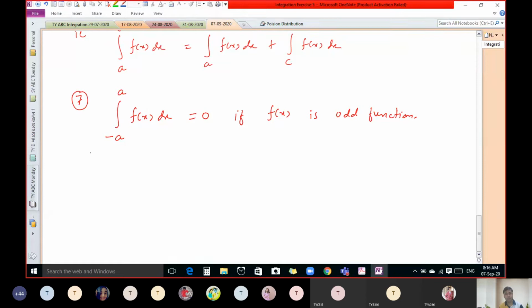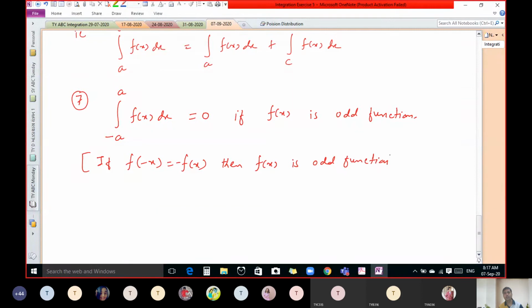Now the question is, what is odd function? In exam you have to write, you have to learn this, but let us discuss what is odd function. So in place of x, if we write minus x, and if we get the same function with negative sign, then f of x is odd function.